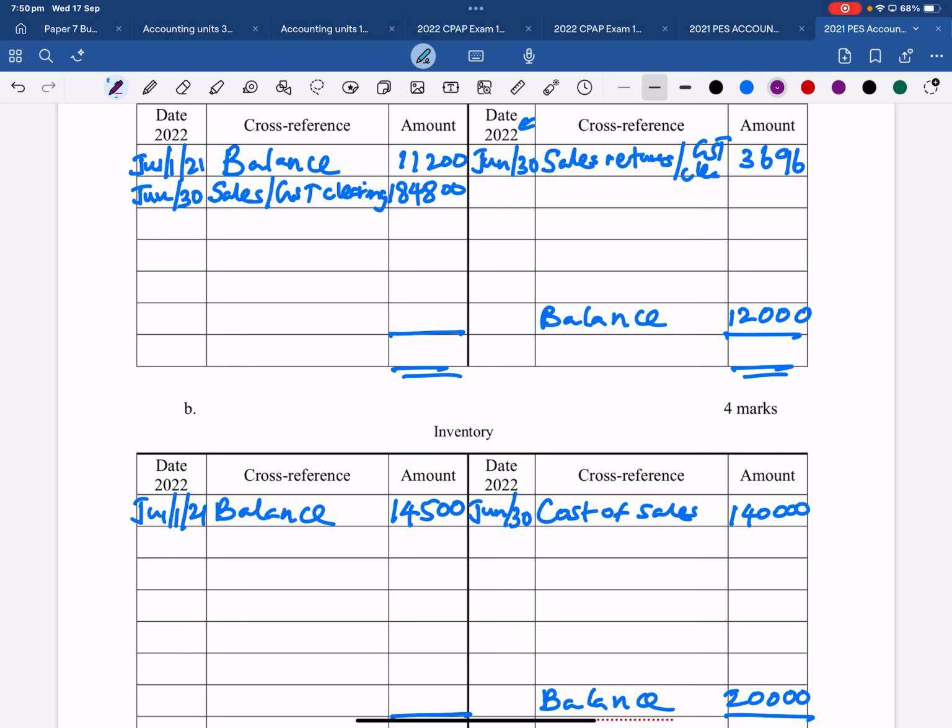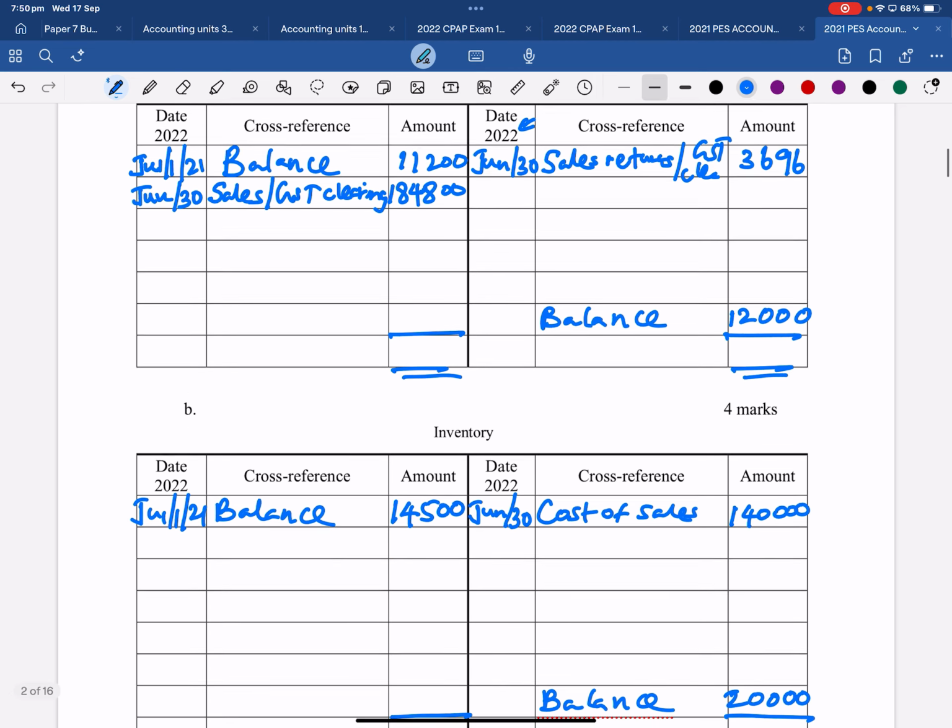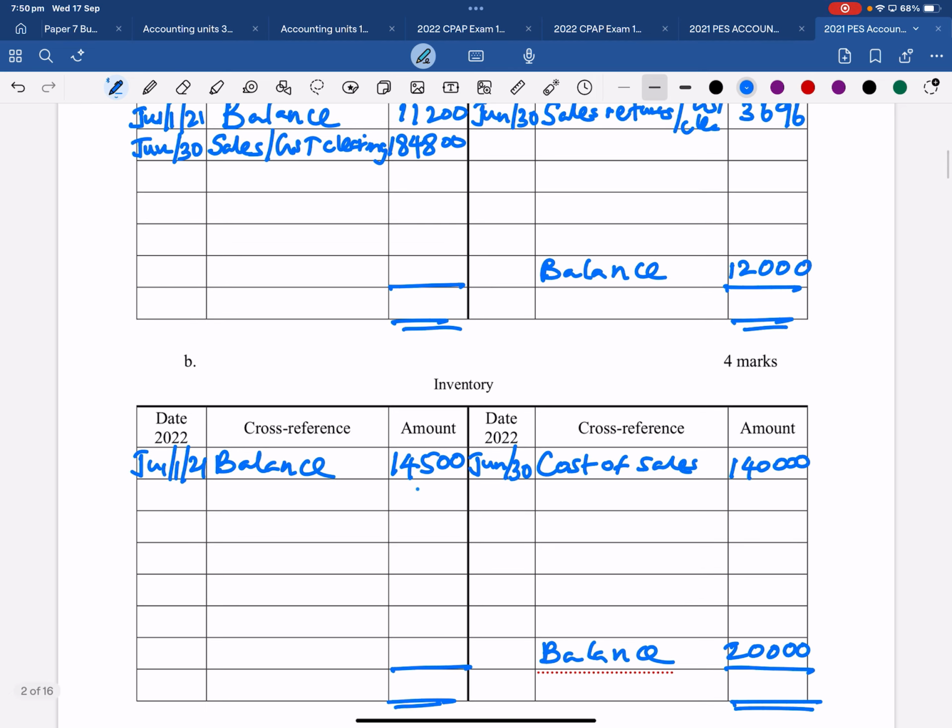So that means our accounts receivable returns. What happens to our inventory? Debit, yes, 1848. What's the double entry, guys? Accounts receivable. You sure?